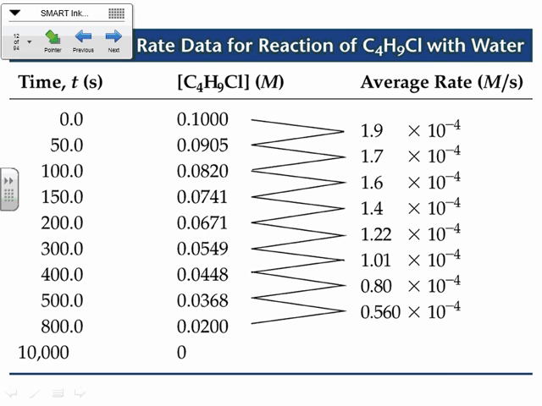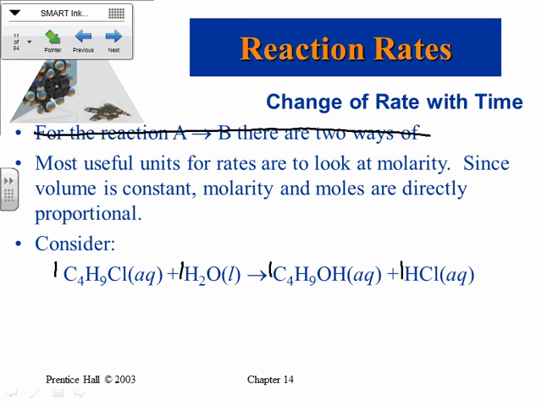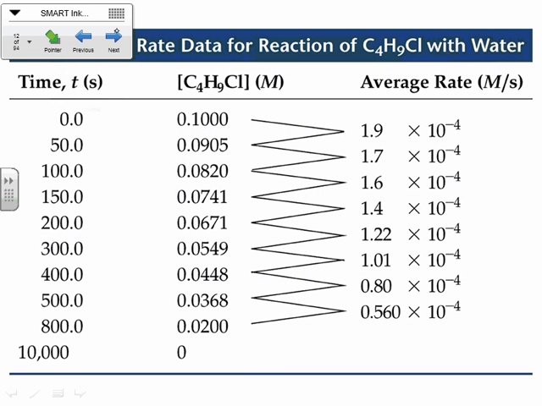So here's some data for that particular reaction. Okay, and again, notice the way that it's measured here. It's the C4H9Cl. If you notice over here, that's one of our reactants. So like I said, most of the time when we're measuring rate, we're measuring the disappearance of the reactant.